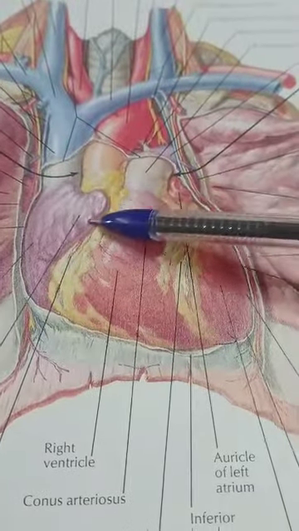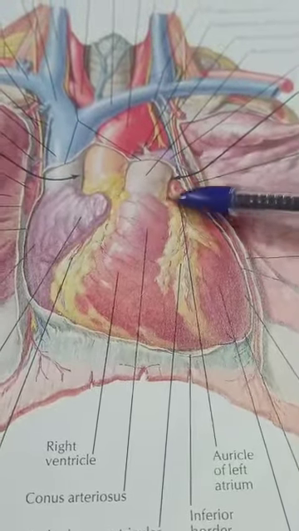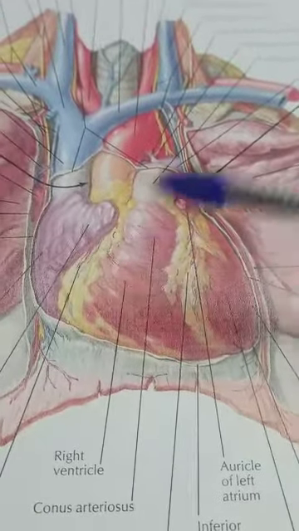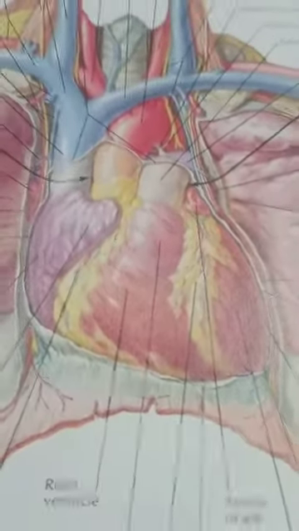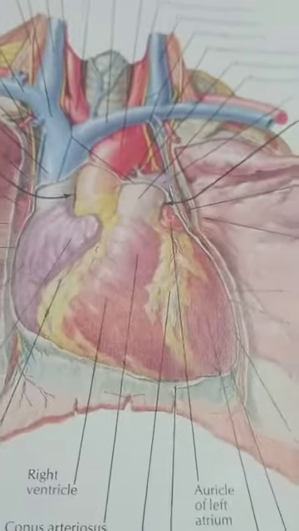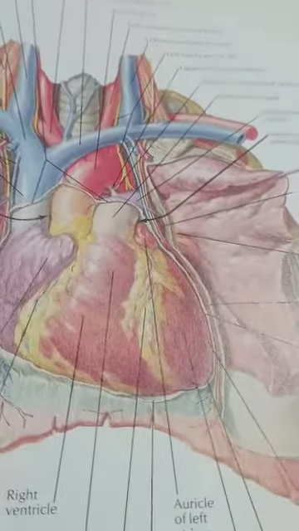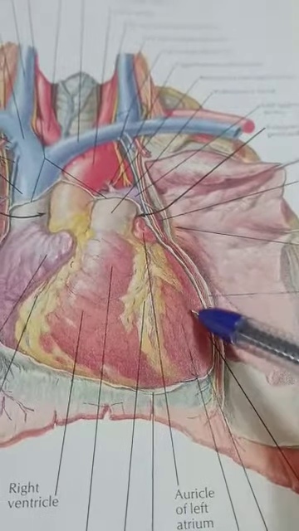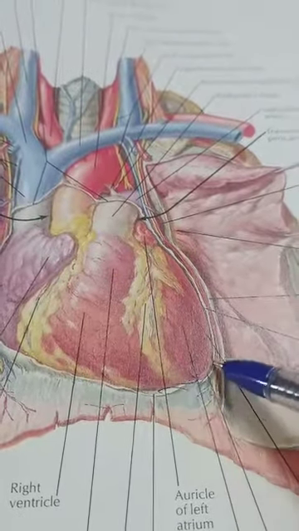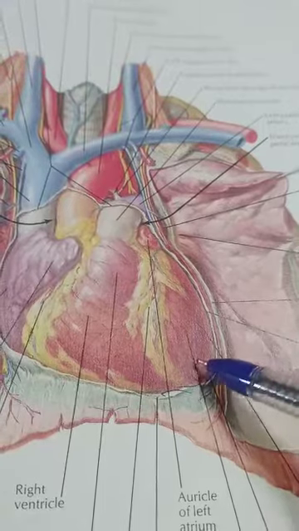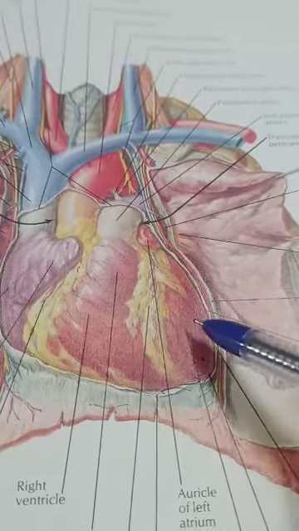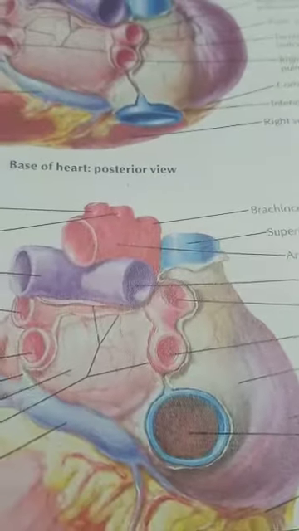Like this, right auricle, this is the left auricle, and the left atrium can be seen in the posterior aspect, which forms the base of the heart. Okay, this is the left ventricle. This point is known as the apex of the heart, the apical part.